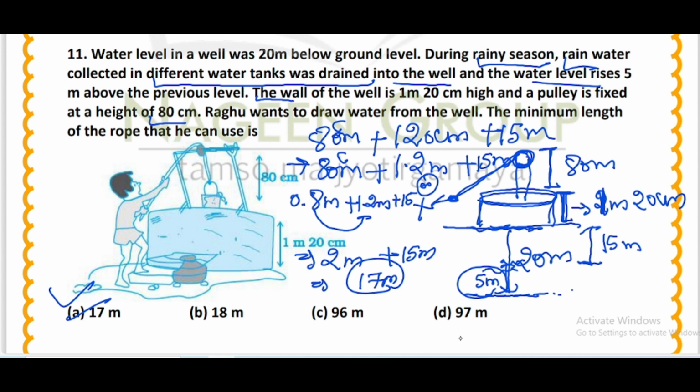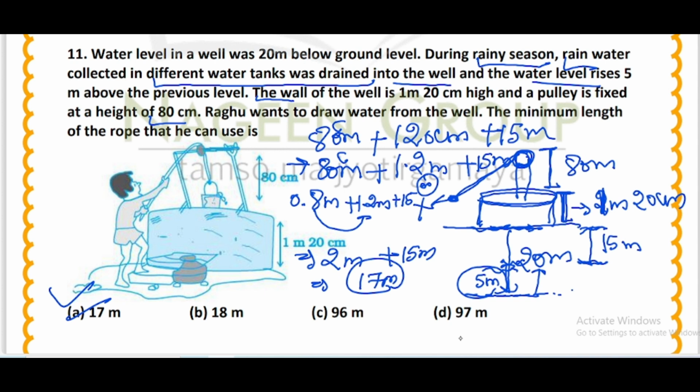The water level rises 5 meter, then the water is 15 meter below the ground level, because the water level rises 5 meter due to the rainwater.